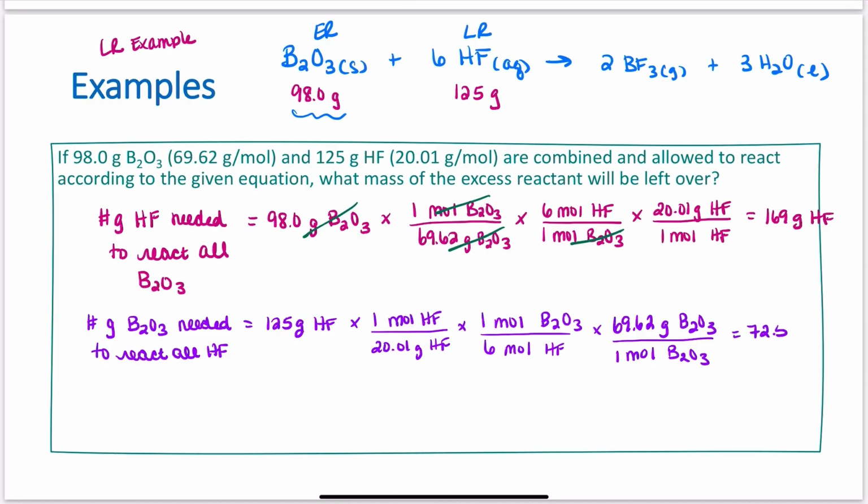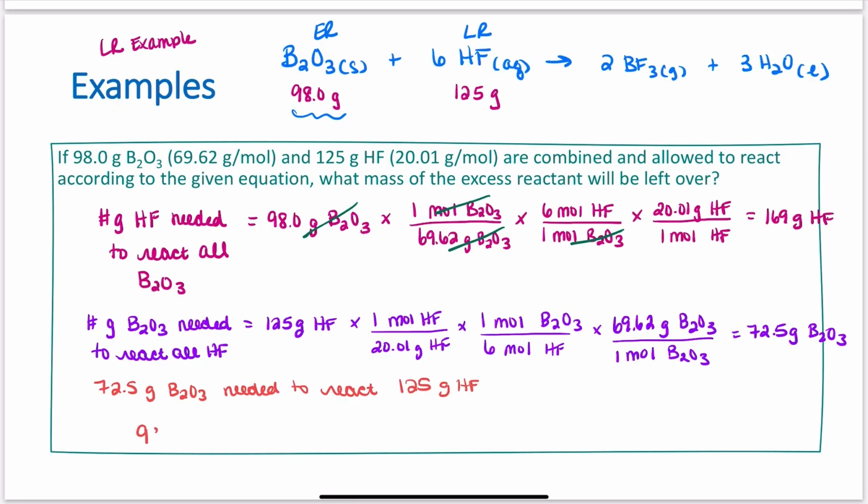This is 72.5 grams of B2O3. So what does that mean? That means that 72.5 grams of the B2O3 is needed to react all 125 grams of my HF.